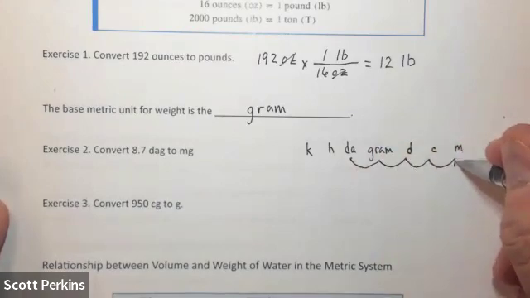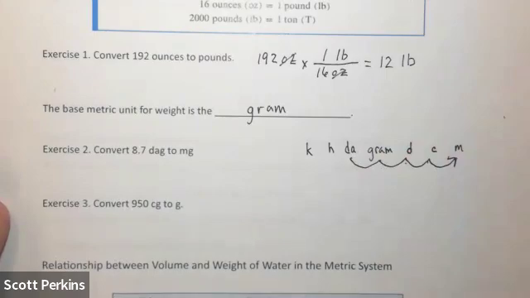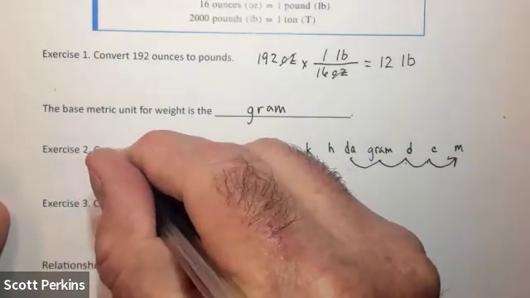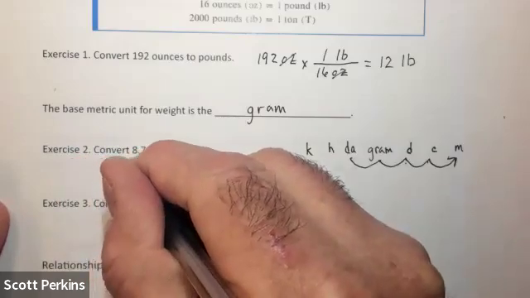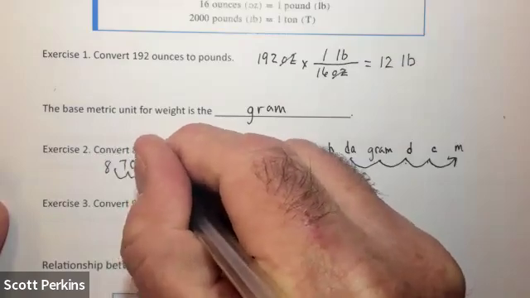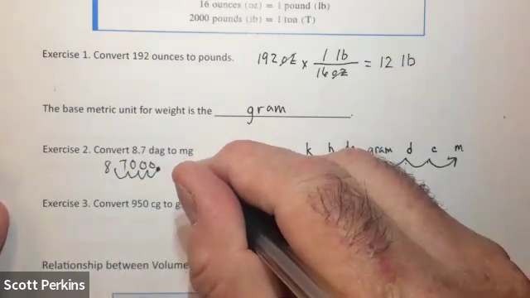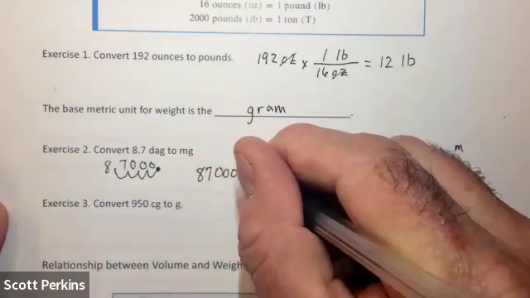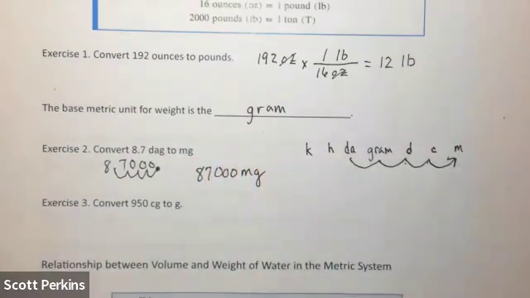I'm going 1, 2, 3, 4 hops to the right. So that means that I'm going to take this decimal in 8.7. So I'm going to rewrite it right here so I have a little more room. And I'm going to move it 1, 2, 3, 4. And so that means I'm going to add in 3 zeros. So that's 87,000 milligrams right there.